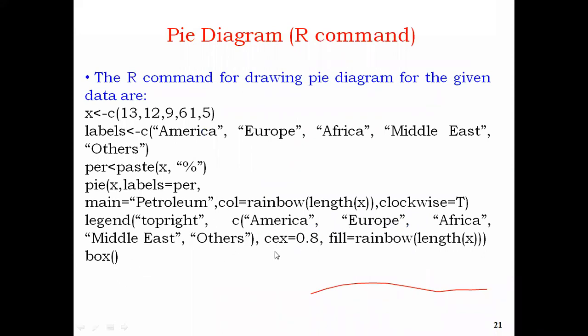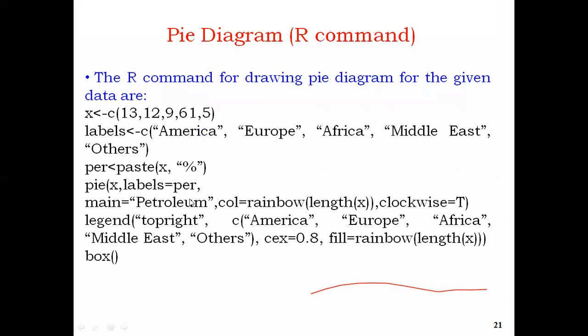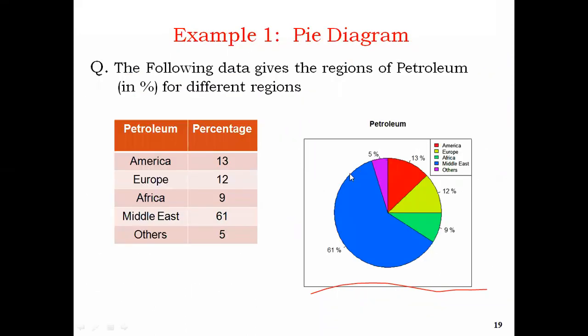And then cex, which I have already explained. Then fill rainbow color, length x, then within the box. Now you see, this is the R command for this example, and this is the result.